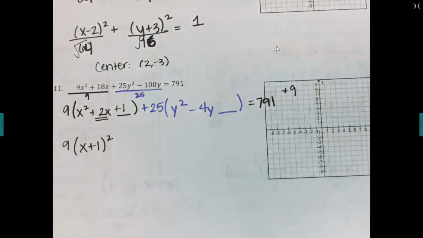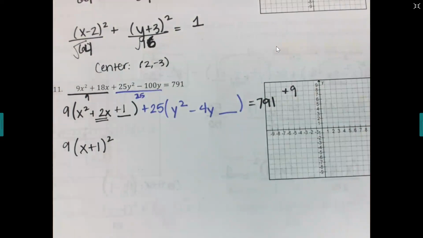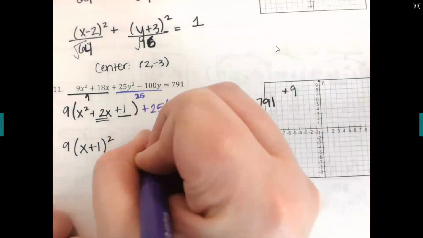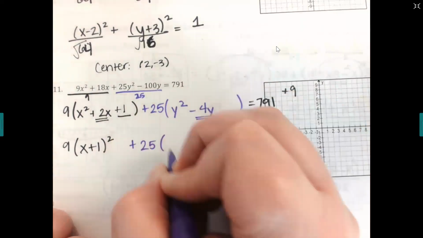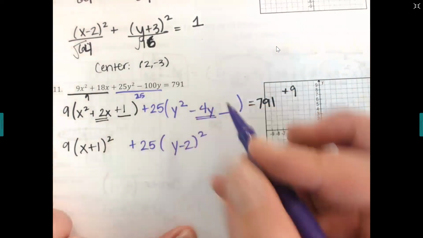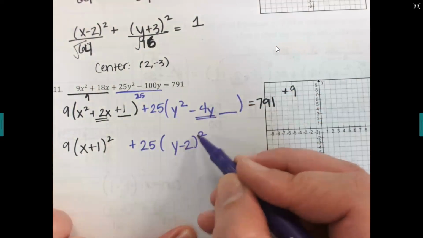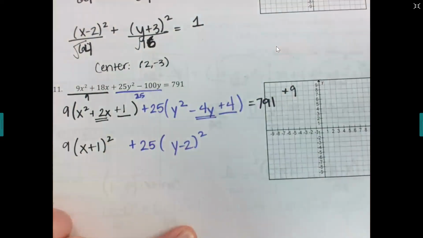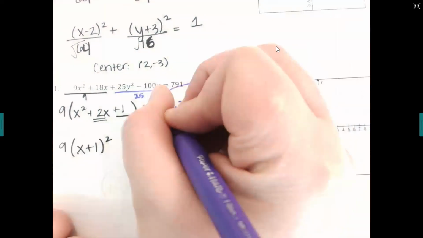Okay, then on the other side, I can only take half. So half of -4 would be -2. And then what's 2 squared for me to fill in the blank? 4.